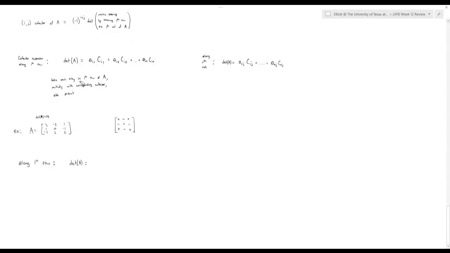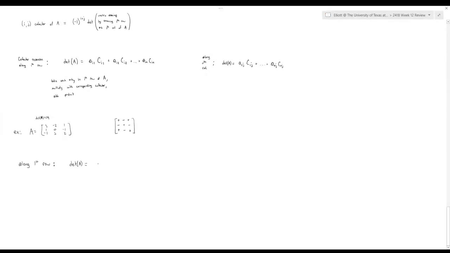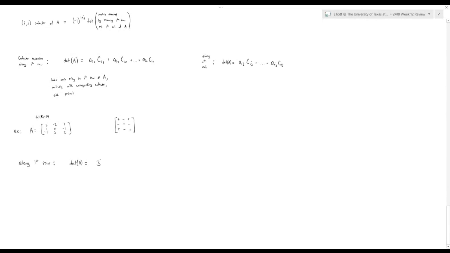So that means I'm going to take each entry in the first row, starting with the 3, and I want to multiply it by its corresponding cofactor.